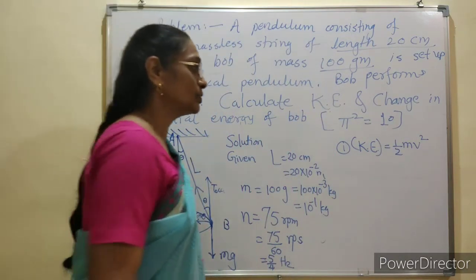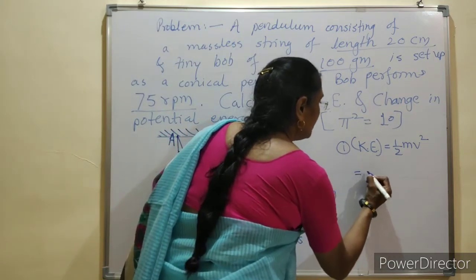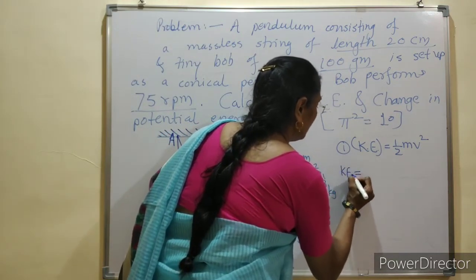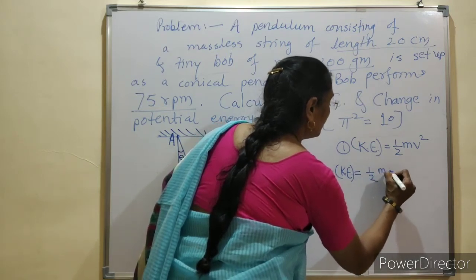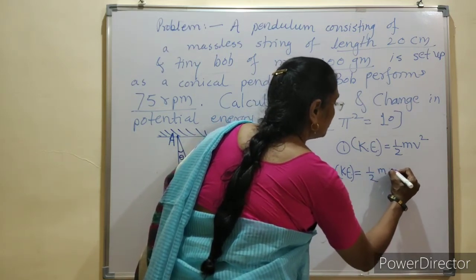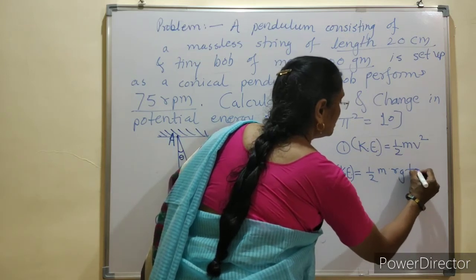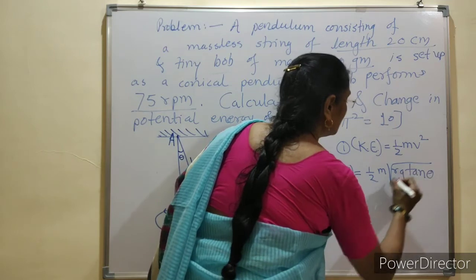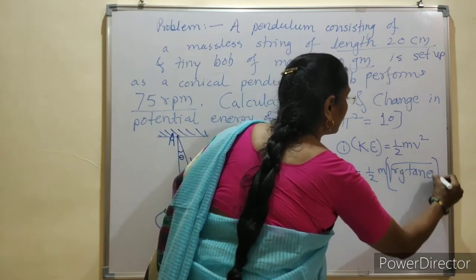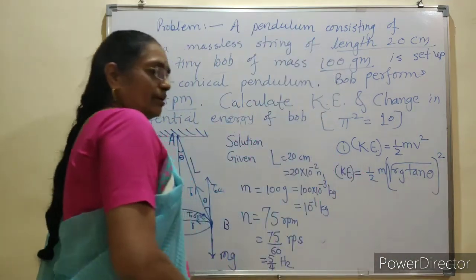V is the linear velocity, and for linear velocity we have just derived v equal to under root r g tan theta. This is for the bob, and the square can be taken like this.